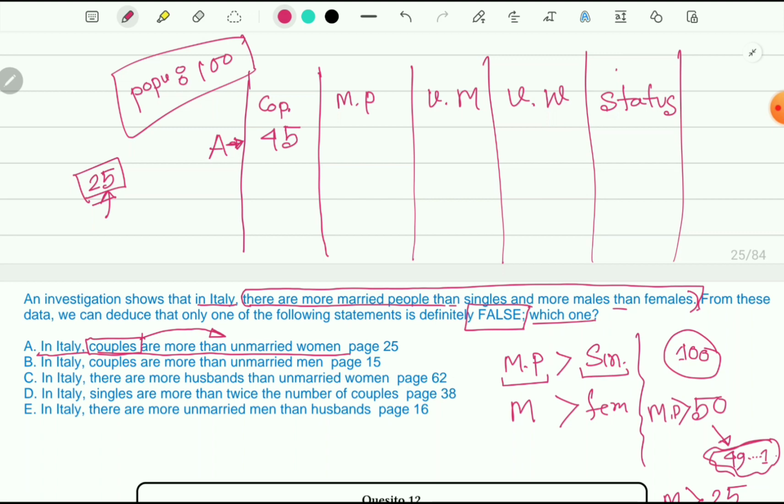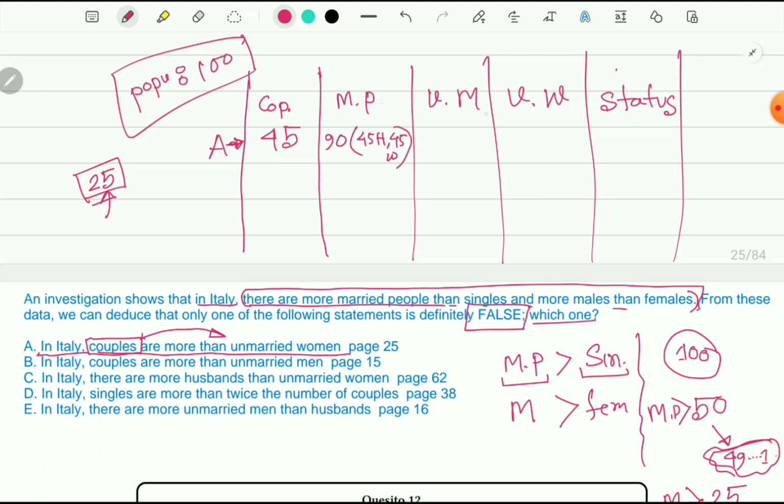Therefore I choose a big number. It doesn't matter, you can choose whatever you want. So if 45 is the couples, then what would be the married people? 90 total. And among this 90, is it okay to say 45 are husbands and 45 are wives? Yes, I hope you agree with me.